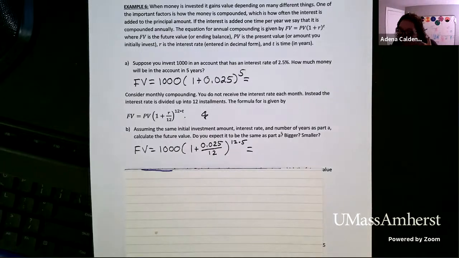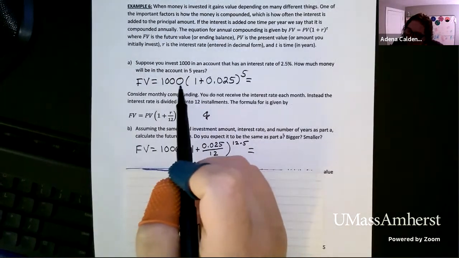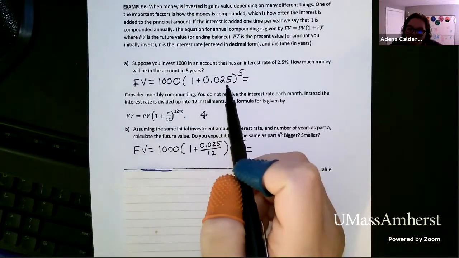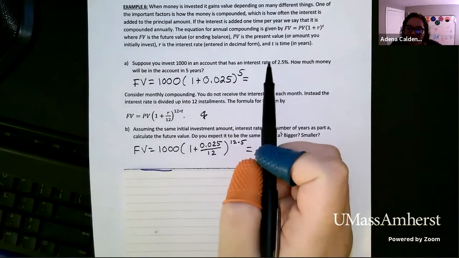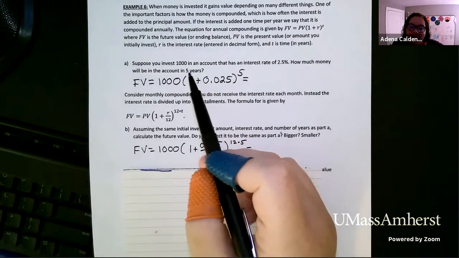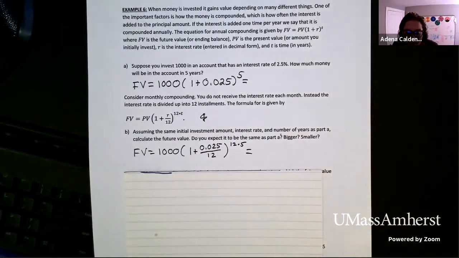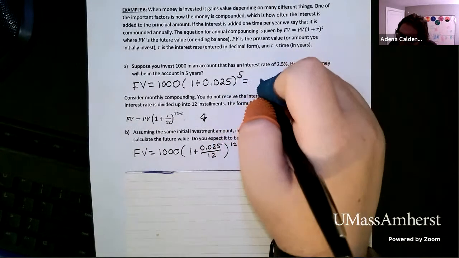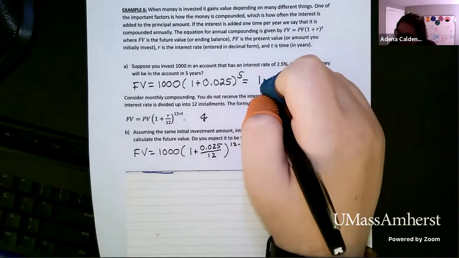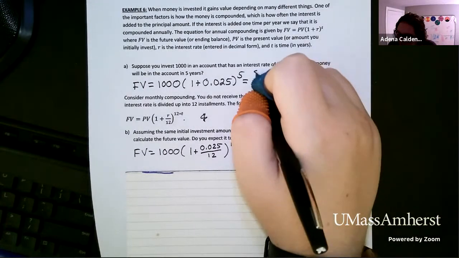All right. So for part A, with annual compounding, our 1,000 goes in for present value, 0.025 goes in for the rate because I converted the percentage to a decimal, and we were talking about time equals 5 years. If I put all of those numbers into my calculator, I am going to get $1,131.41.